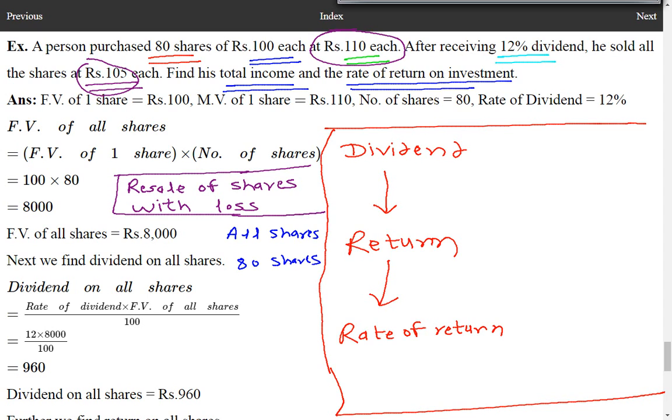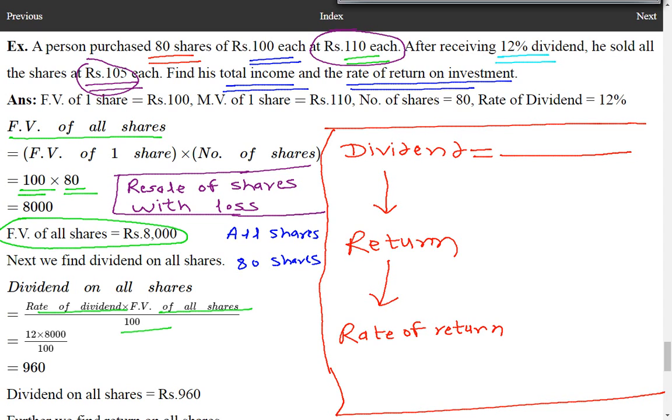So dividend first we will find. As we have seen in the previous example, first we need to find face value of all shares. Face value of one share is 100 and there are 80 shares, so total face value is going to be equal to 8000. Now the formula for dividend on all shares is rate of dividend into face value of all shares upon 100. So let us substitute.